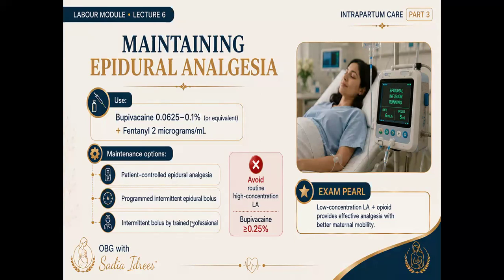There are several options, including patient-controlled epidural analgesia, programmed intermittent epidural boluses, or intermittent boluses administered by a trained professional. The principle is that low concentration local anesthetic plus opioid gives effective analgesia with less motor blockade and better potential mobility. That's the clinical logic behind the recommendation.